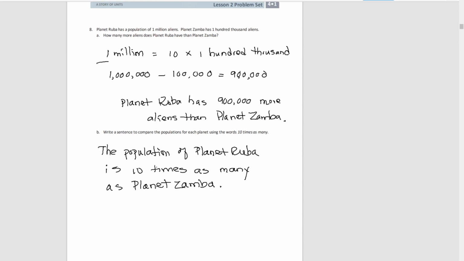And basically our equation up here says the same thing as an equation, and this says it in word form using 10 times as many as. And that concludes lesson 2.